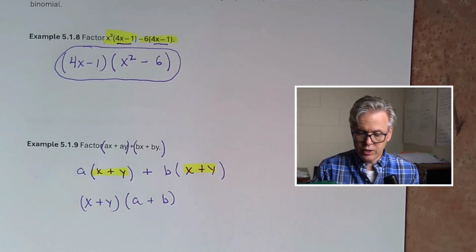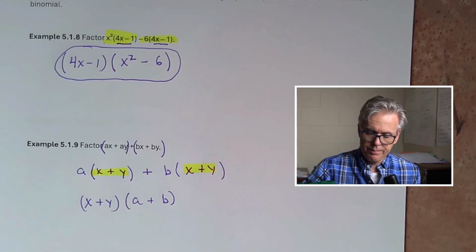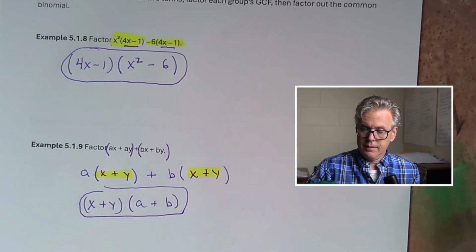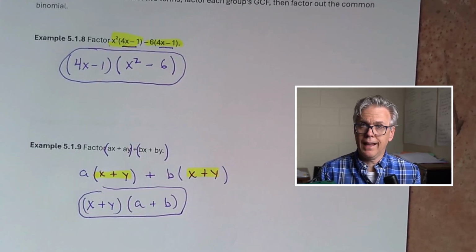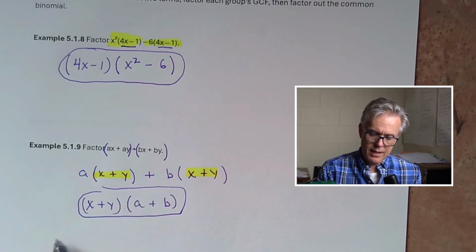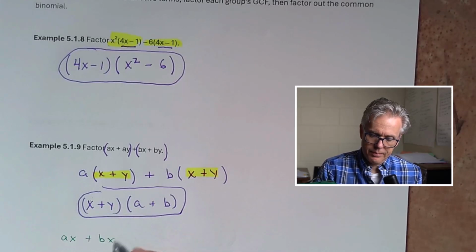Now, we can go ahead and check this. So here's the final answer. To check that, we can use what we learned in the last unit. Multiply x times a, and we'll get ax. Then x times b, get bx. y times a, we'll get ay.